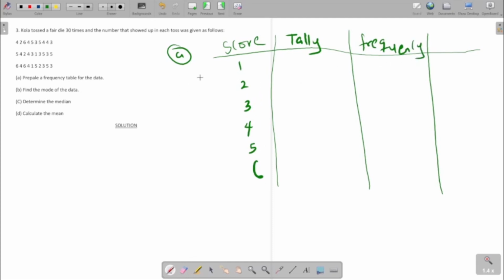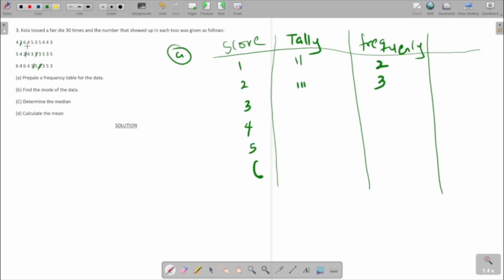Now how many times do you have 1 showing up in the data presented here? So we look for 1 and stack it out. So we have 1 here, and another 1 here. So it means that 1 showed up twice. So we look for 2. We have 2 here, 1 2. So you know that 2 showed up twice.